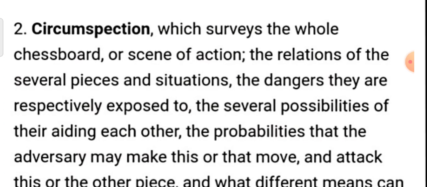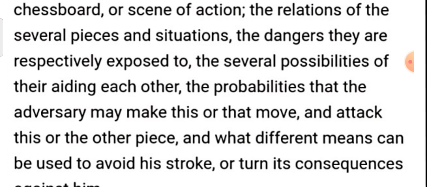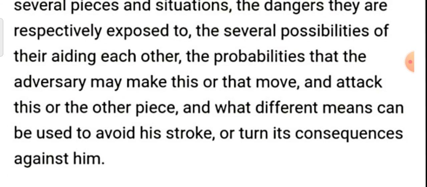The probabilities that the adversary may make, the probabilities that the opponent may make. This or that move, which move will help me or help my opponent, and attack this or the other piece. Whether he is going to attack my piece or the other piece which is there on my board.